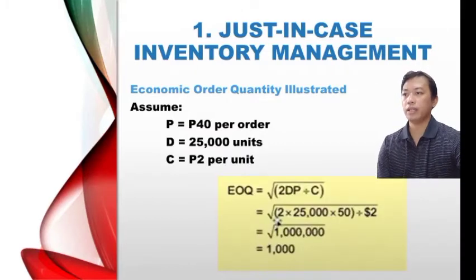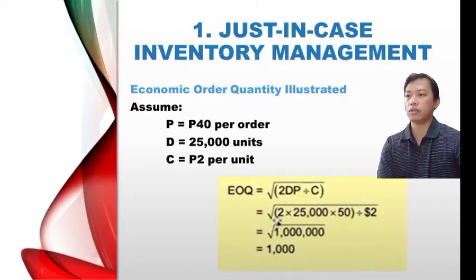So we have here an example of how to get the EOQ. Let's assume that the placing or setup cost is 50 per order, the demand is 25,000 units, and the carrying cost is 2 pesos per unit. Now, EOQ is equal to the square root of 2 multiplied by the demand units and multiplied by the setup cost, then divided by the carrying cost.